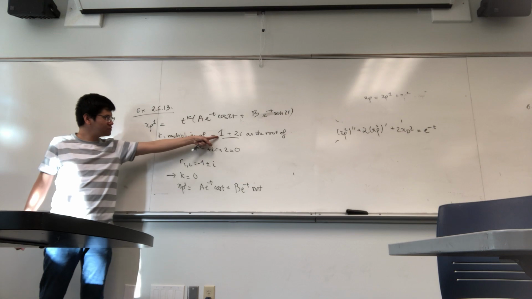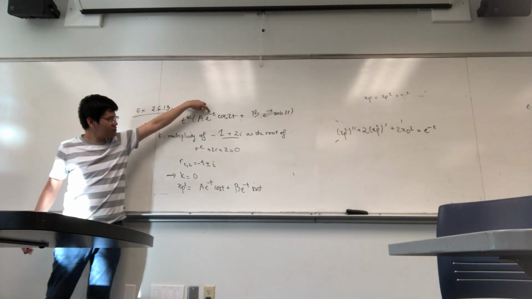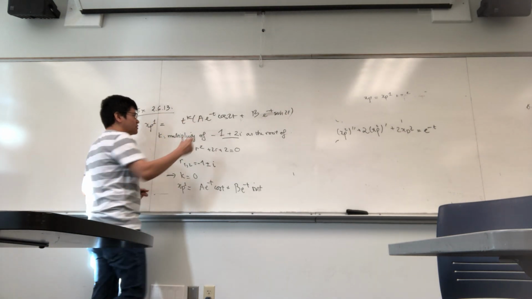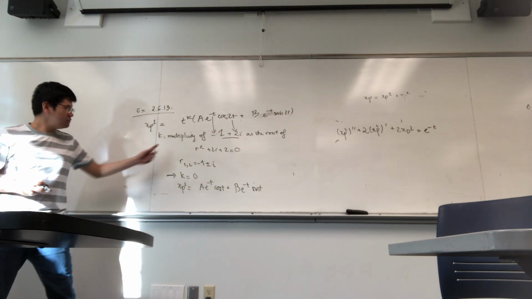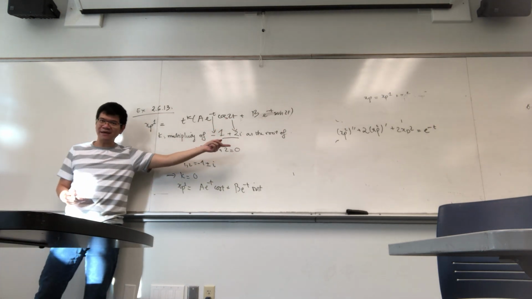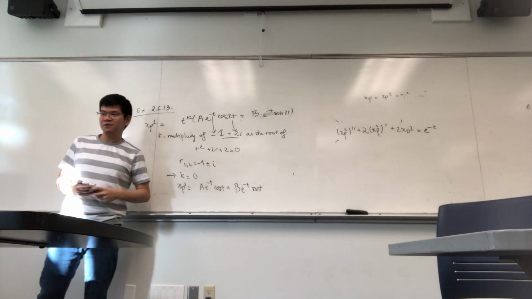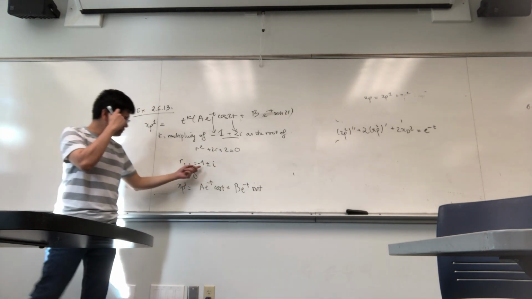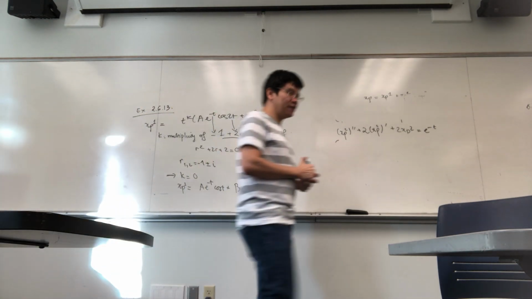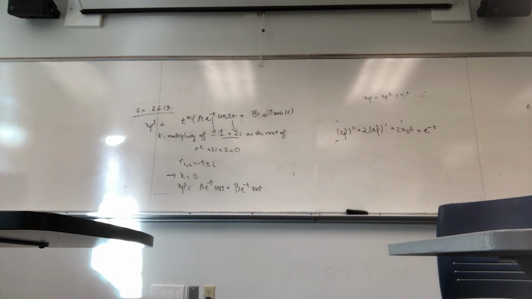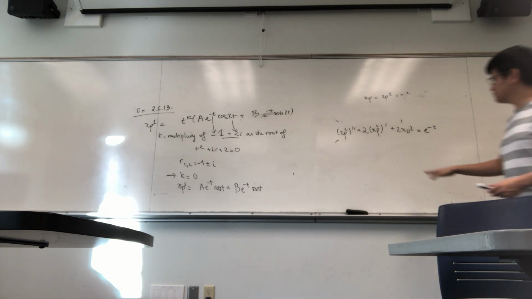The k here will be the multiplicity of minus 1 plus 2i as the root of the characteristic equation. But the characteristic equation has 2 solutions, minus 1 plus or minus i, so k is 0. And so this is xp1. Questions?